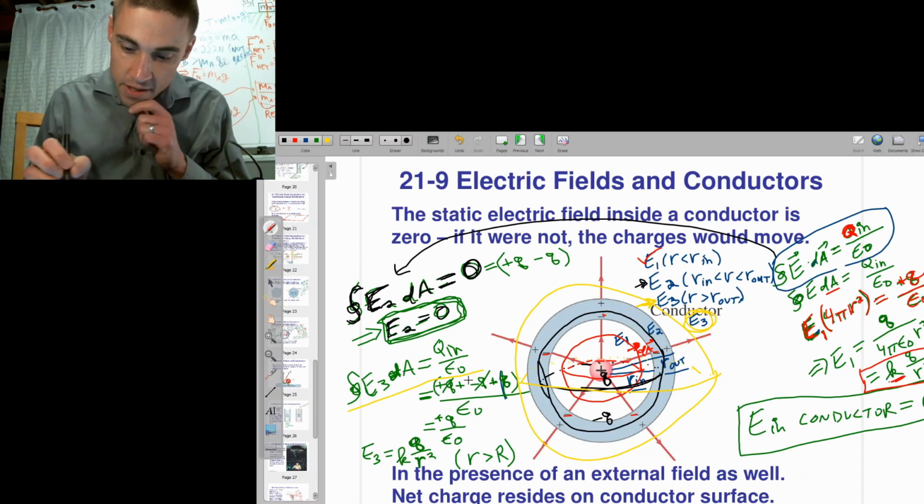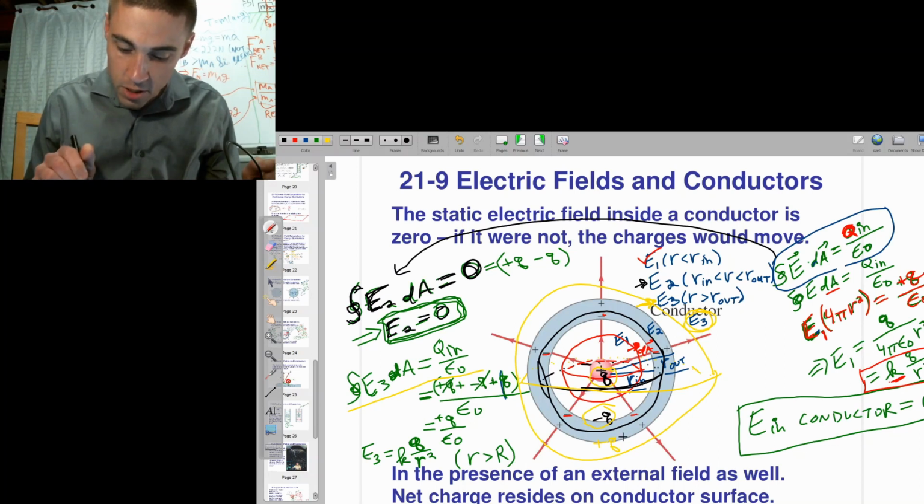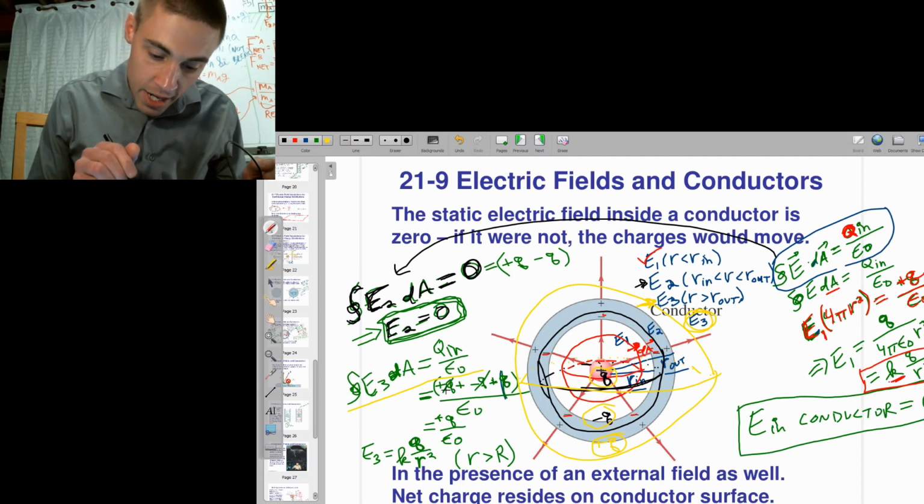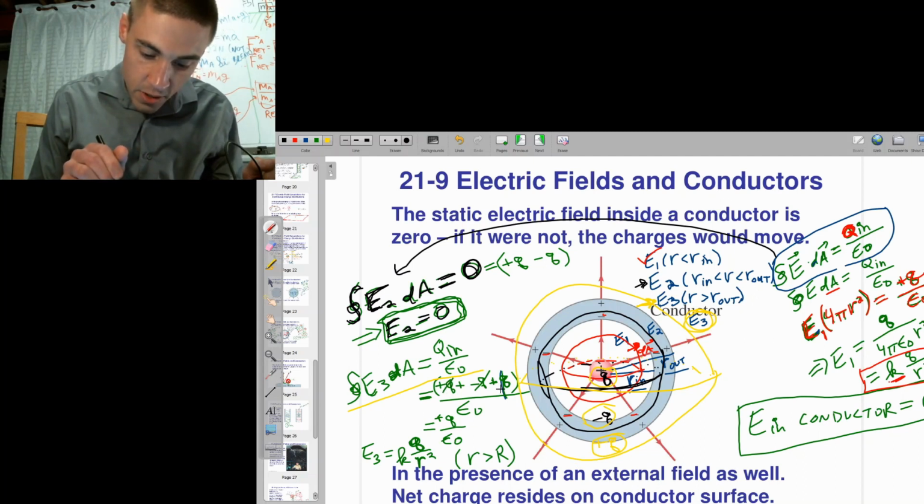The interior of this Gaussian surface encompasses the positive Q point charge, the minus Q charge on the interior, and the plus Q charge that will accumulate on the outside of the conductive shell. So I get a plus Q, a minus Q, and a plus Q all inside.